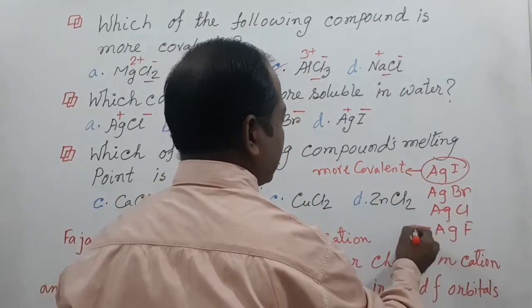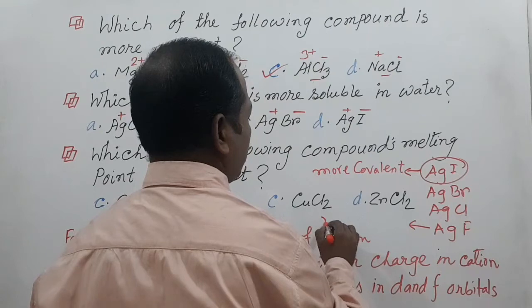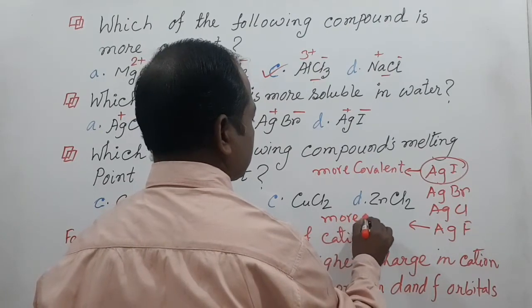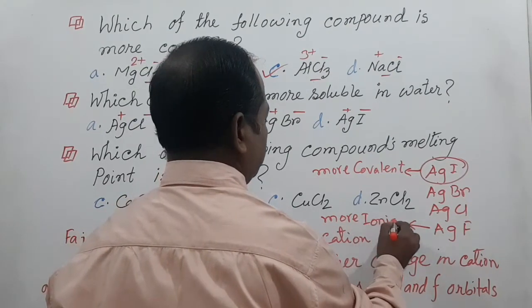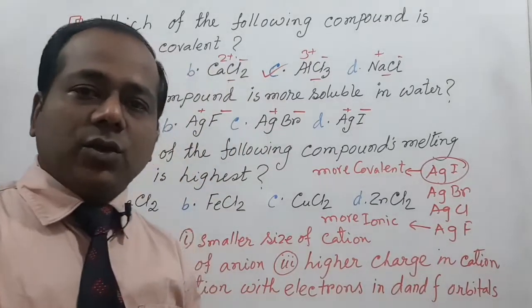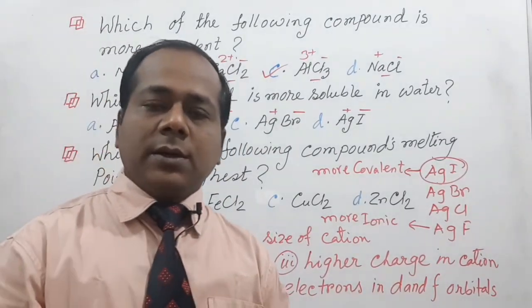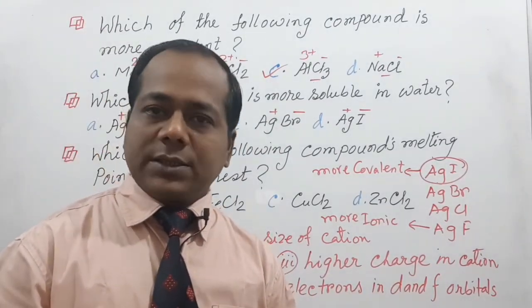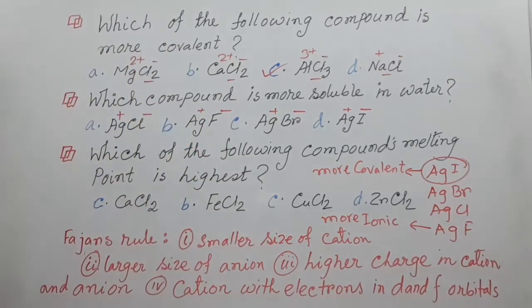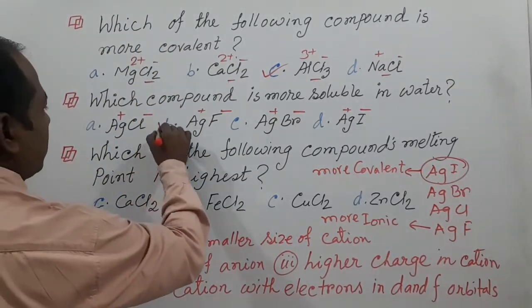So we can say that silver fluoride is more ionic, and we know that ionic compounds are more soluble in water. So our correct answer is silver fluoride.